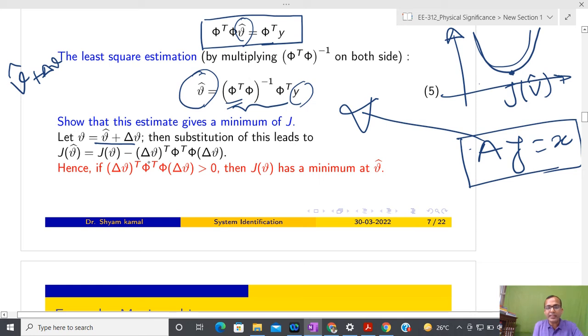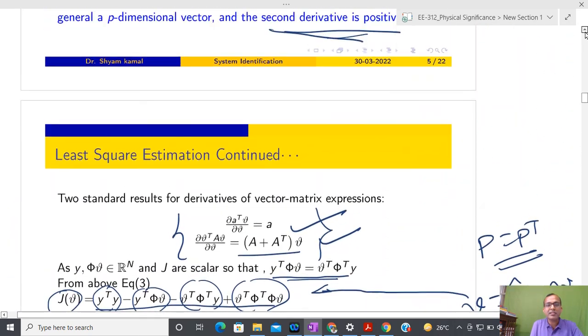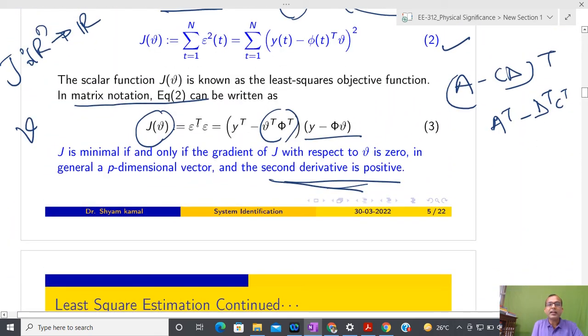And now here you can see that this is always symmetric. So what is the interpretation? Since this is always positive, and if you see carefully, J V is also always positive, because in that way only I have constructed J V, that is zeta transpose zeta, so that is always positive.